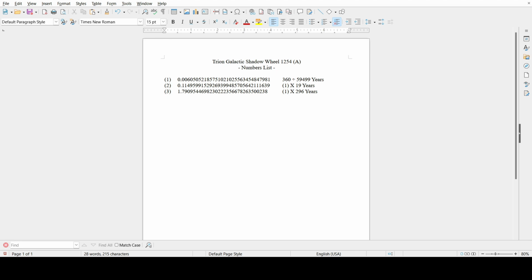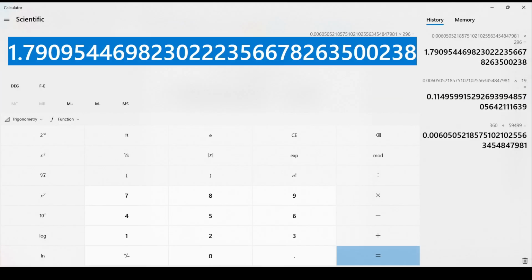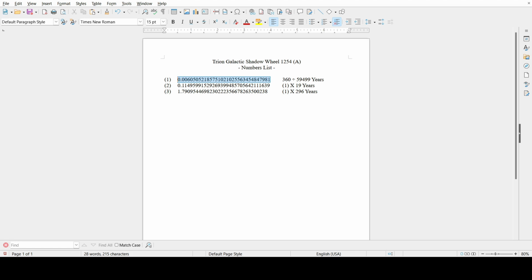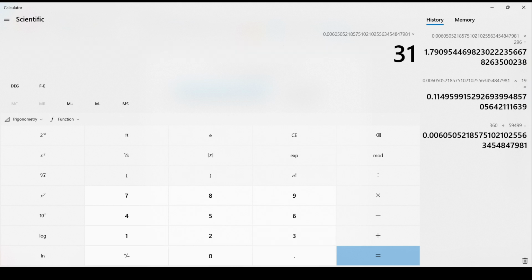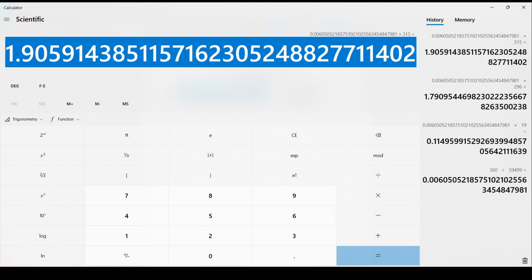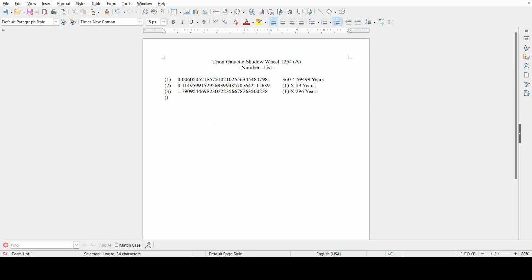Take the product and list it as number 4. Now divide 360 degrees by 33 and list the quotient as number 5.